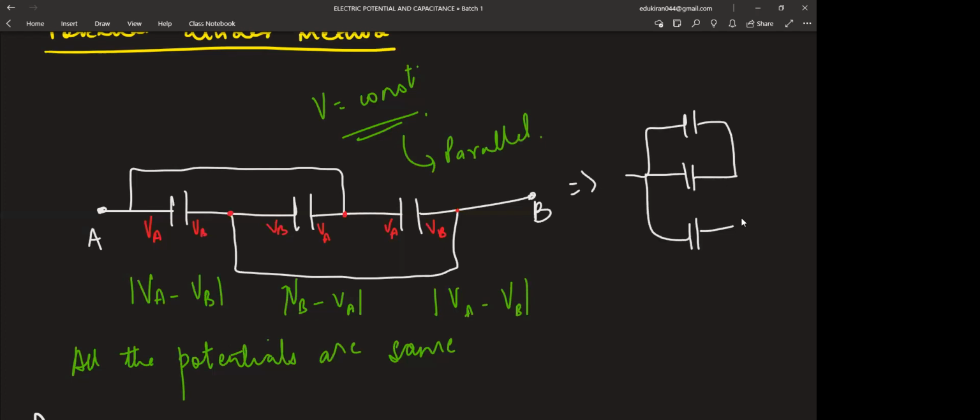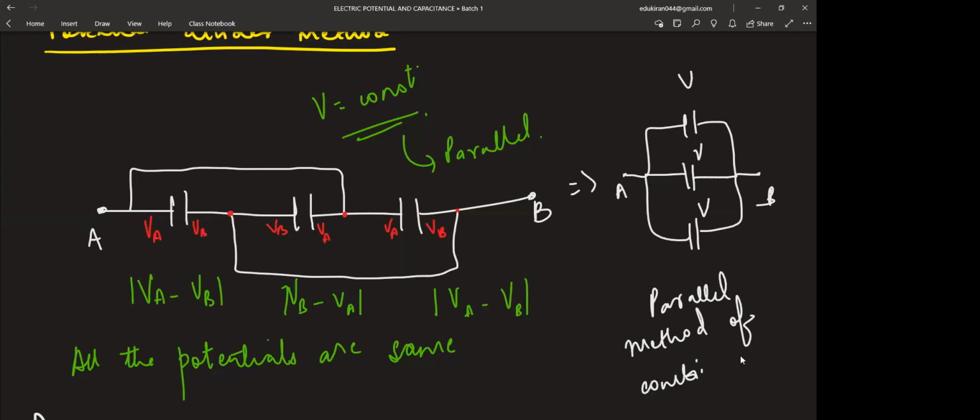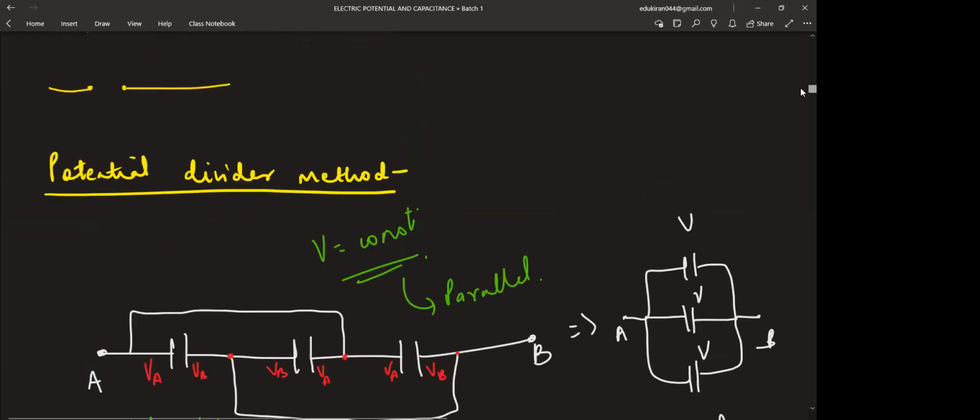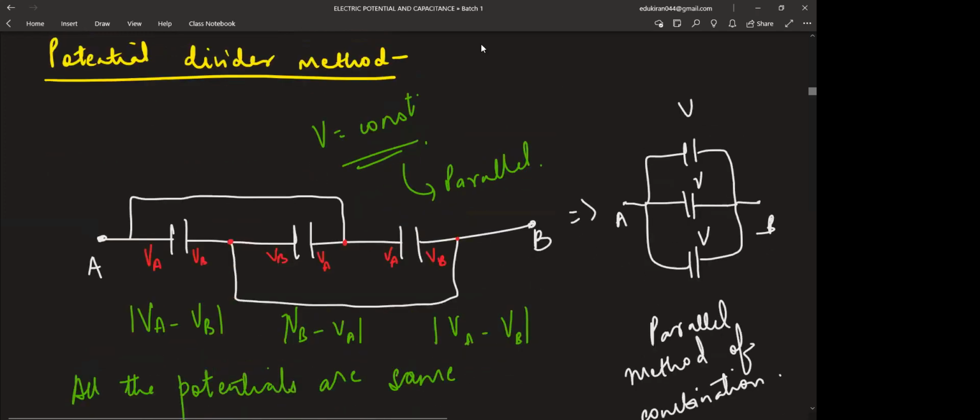Now see, this is point A, this is point B. Now at least the understanding is easier and you can solve it by the parallel method of combination. So this is one method which I wanted to tell. Valid for resistors also, same thing, valid for inductors. Write down this potential divider method, and I want to give you one question also. But first write down this.